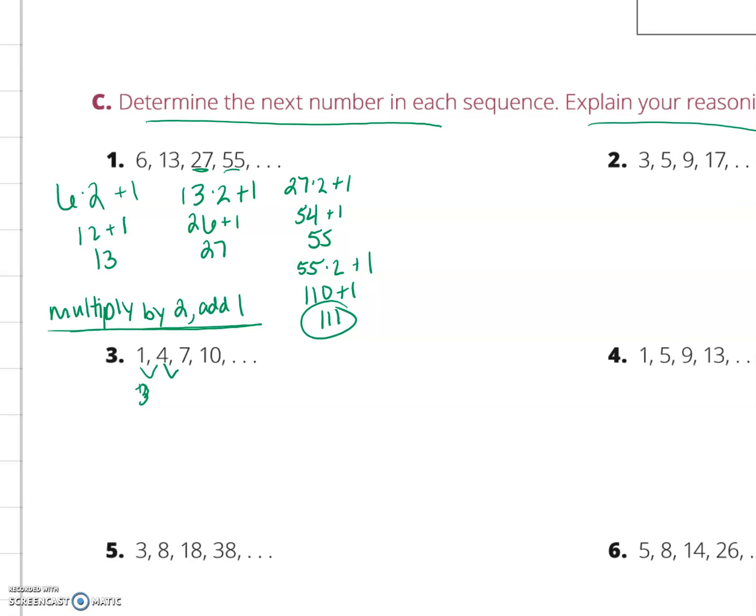If I add 3 to 4, I do get to 7, so that's a good sign. And if I add 3 to 7, I get to 10, so that's an even better sign. So my pattern would be add 3, and the next value in the pattern would be 10 plus 3, which would be 13.